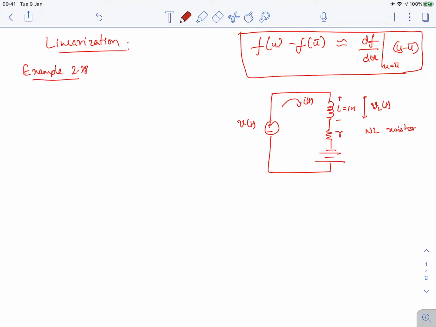By nonlinear resistor I mean that the voltage across this resistor and the current flowing in this resistor are not related by a linear relationship. So there would be some nonlinear relationship, and let's say the current flowing inside the resistor, let's denote it by iR, is equal to 2 e to the power 0.1 of the voltage across the resistor. Okay, so this is the nonlinear relationship between the voltage and current across the resistor R, and there is a DC voltage supply of 20 volts.